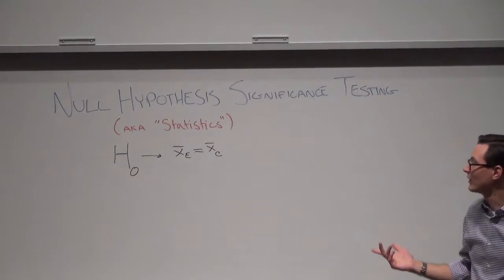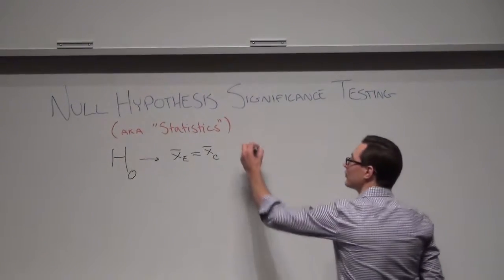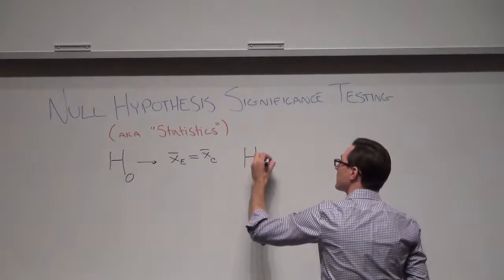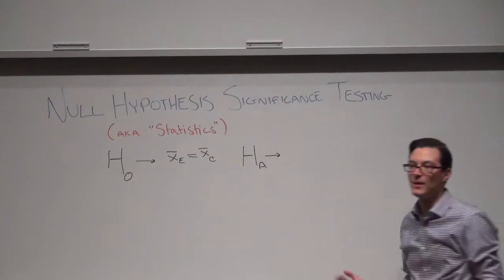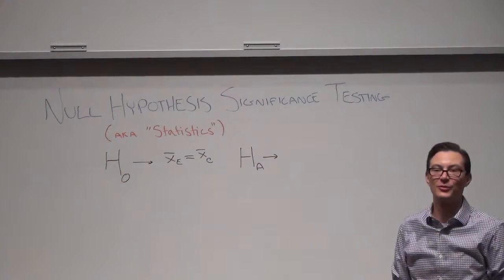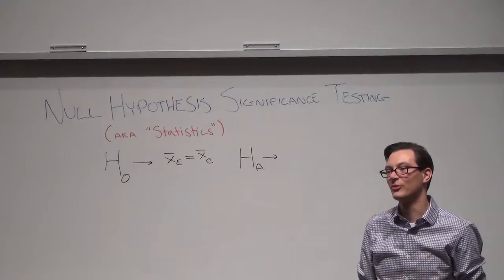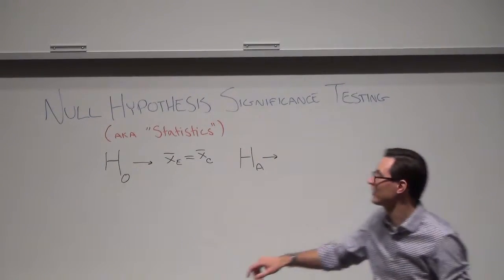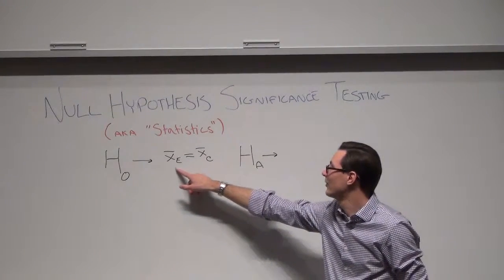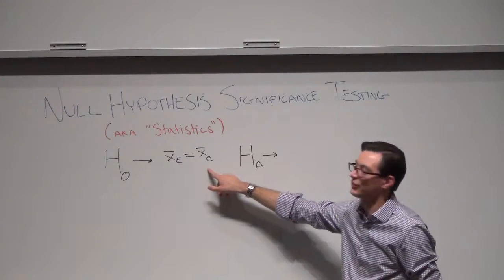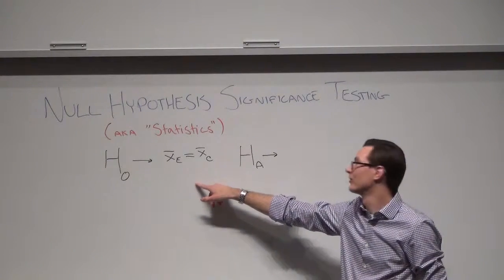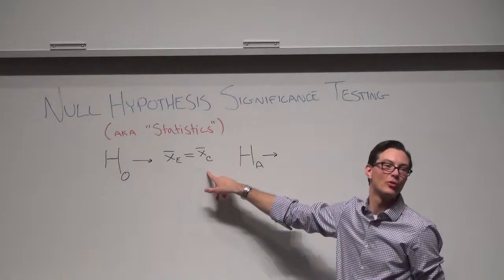And then, in contrast, what's the alternative hypothesis? So, maybe we see that our mice that we're feeding blueberries live 3 days longer than our mice that aren't being fed blueberries, on average. So is our alternative hypothesis that the mean of the experimental group is 3 days more than the mean of our control group?